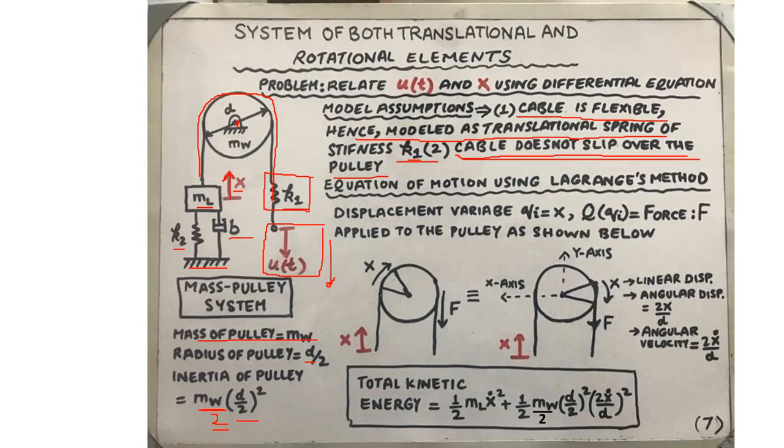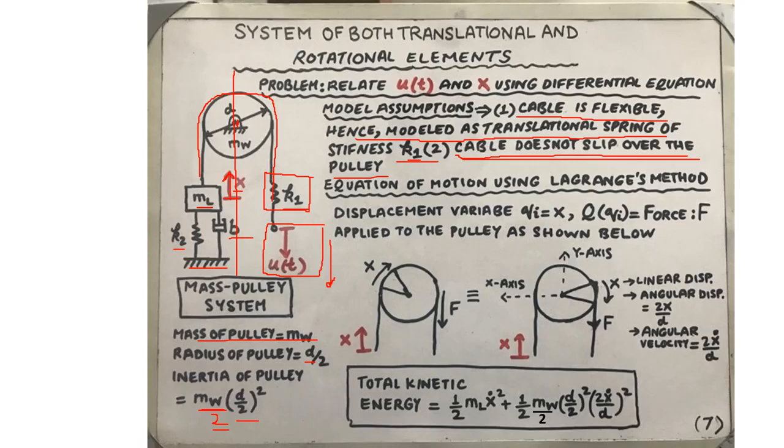In order to write down the equations of motion using Lagrange's method, we first need to describe a convenient axis system. In this case, it is fairly trivial. We can just simply say that there is some axis, call this one x-axis or y-axis, and the only displacement, the linear displacement, is x, describing the vertically upward, or the vertical displacement of mass m1.